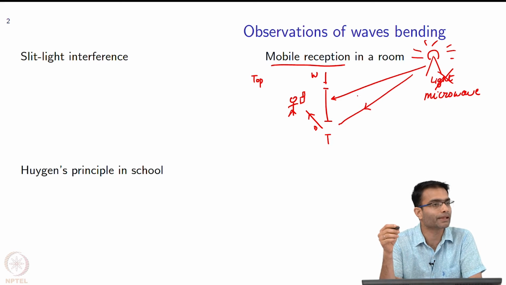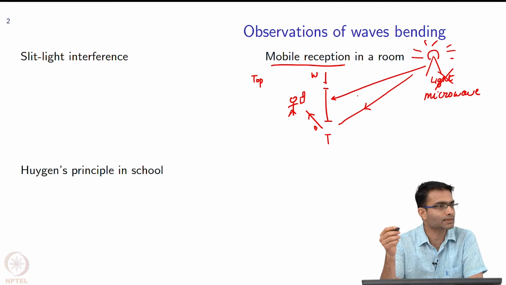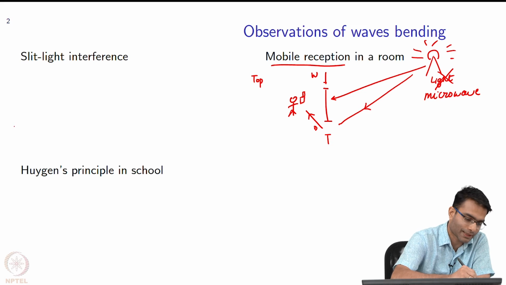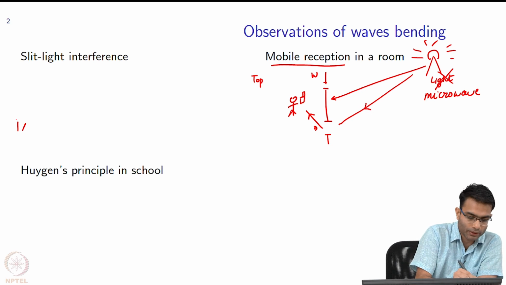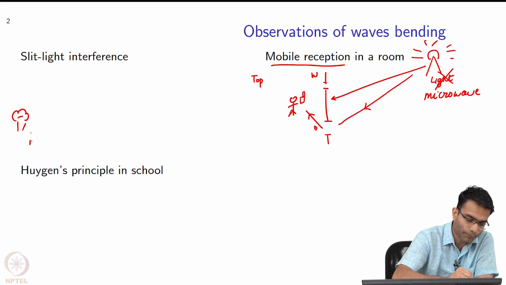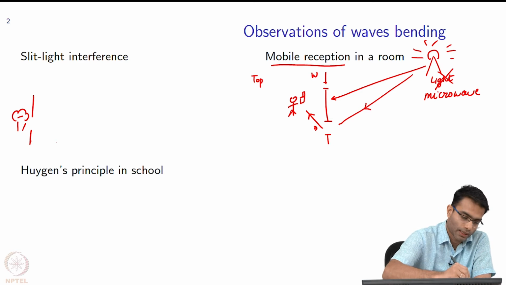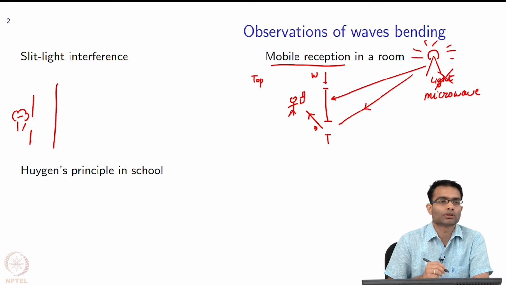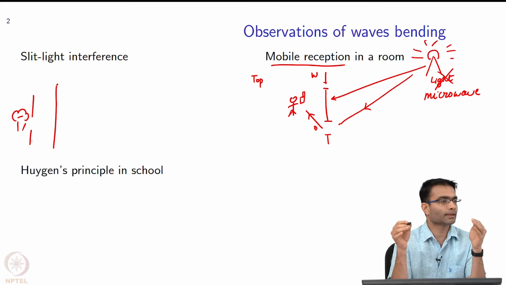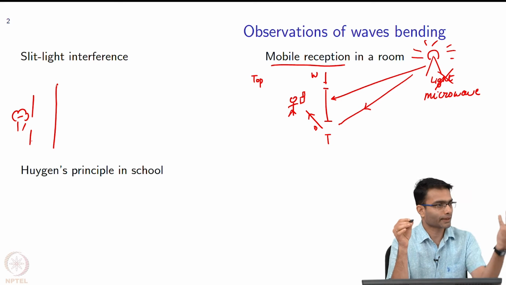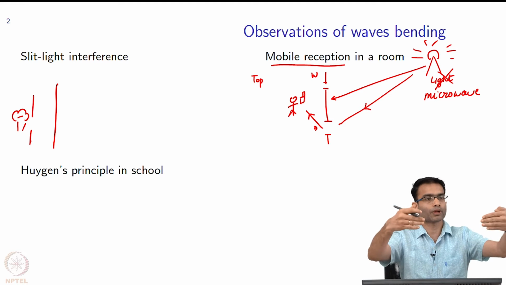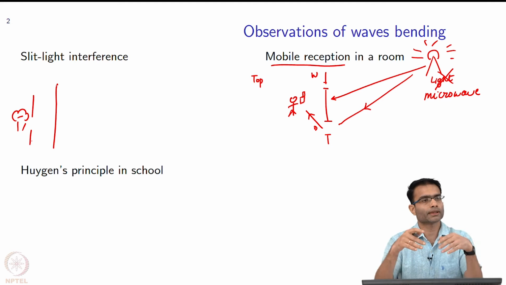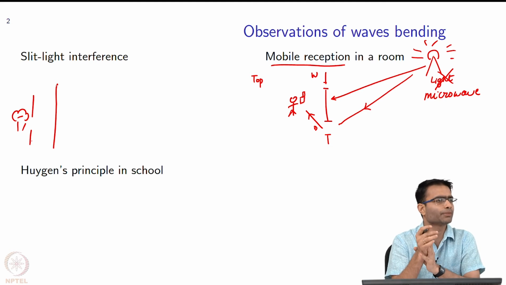So, this is in day to day life. In physics also we have seen this happen. All of us have studied Young's double slit experiment and all of these things in high school. The basic idea there is, supposing I have a light bulb over here and I put a slit and a screen over here. Now, if this slit is much bigger than the wavelength of light, for example, I take a 100-watt bulb and I put in front of it a barrier with a hole in it, and that hole is, let us say, 10 centimeters.